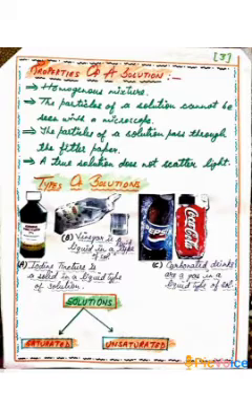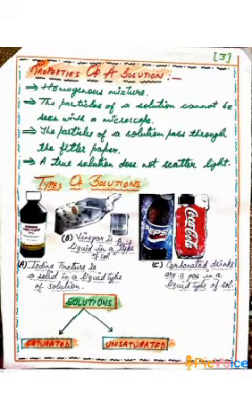Now, saturated and unsaturated solutions. When we dissolve a solute in a solvent, then a solution is formed. We can dissolve different amounts of solute in the same quantity of the solvent.